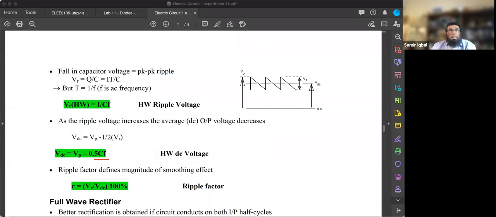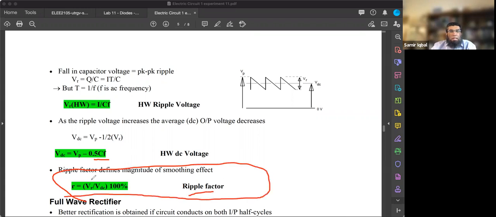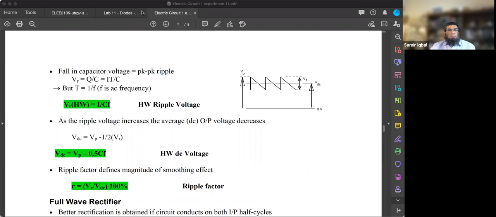Right? So that's the relationship with the ripple factor. If this is large, this would be smaller, which means there'll be an overall bigger ripple factor in percentage. So do you follow that? Let me make this a little bit larger so you can see what's going on here.